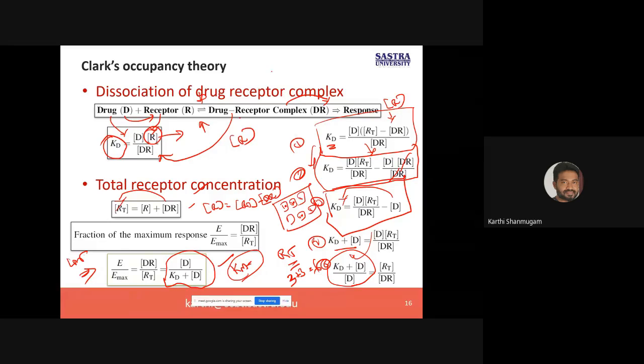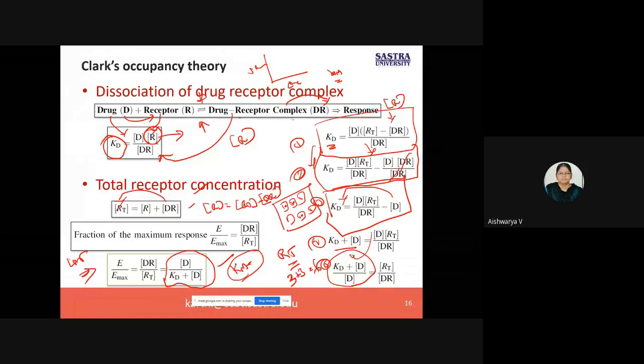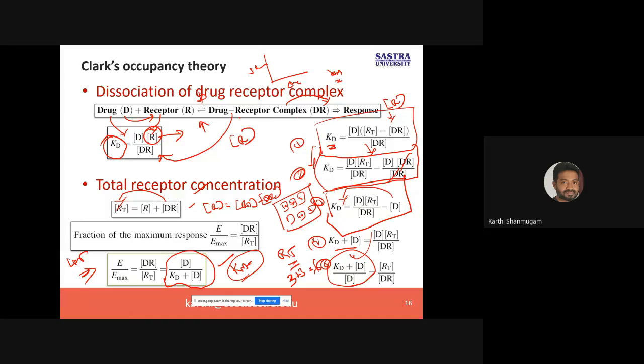See, in Michaelis-Menten we plot velocity versus concentration. What is the meaning of Km? Enzyme affinity, sir. No. Say if I say this is the Km value, what does it mean? It means that is the concentration that is required to produce a half maximal velocity.